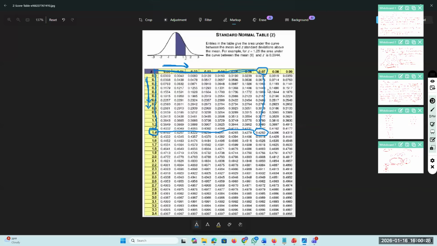I wanted to ask, would there be a situation whereby you are being given a question, and at the end of the question, you wouldn't find your decimal or your answer on the table that is being given? No, that means the question is wrong because it has to be within the range of the probability. So you can't have a question that value is not found on the table.